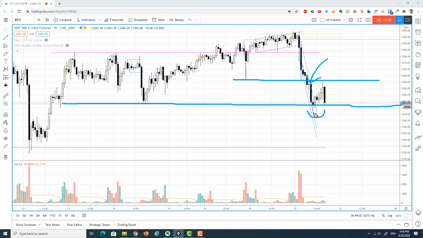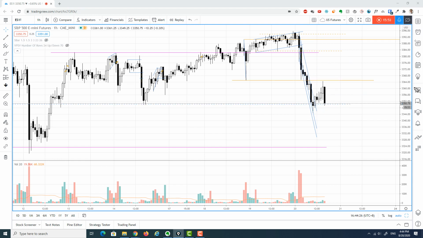See, there is a hammer bar followed by the confirmation bullish bar, and we have a good rally. But that actually just reached this support turned resistance level, and currently we're having a reaction testing the 3350 supporting level again. So I think this is quite an important level.